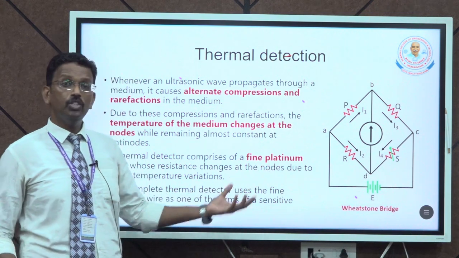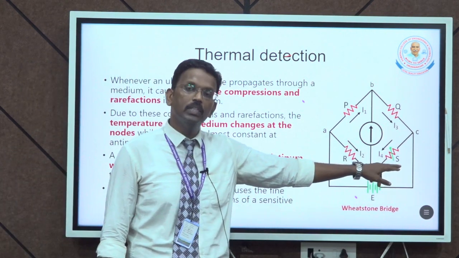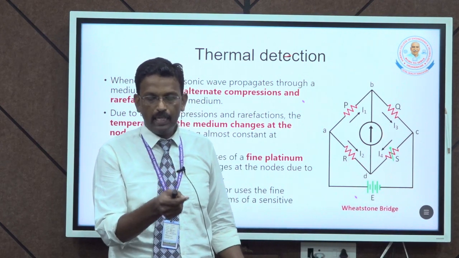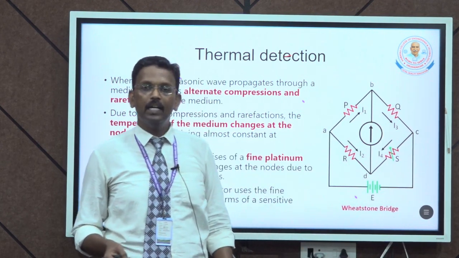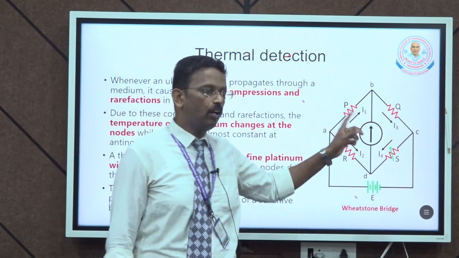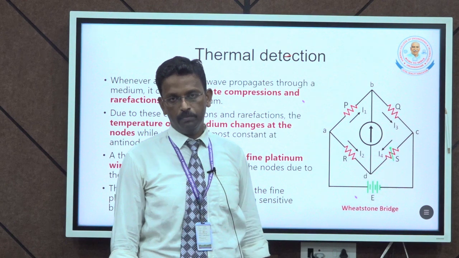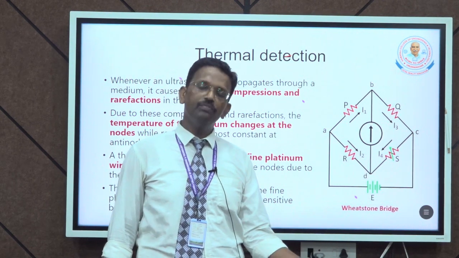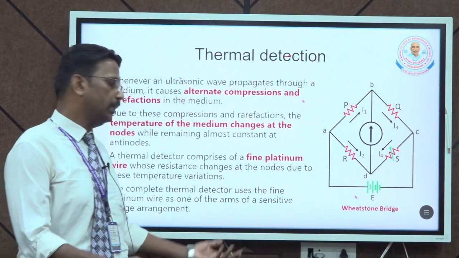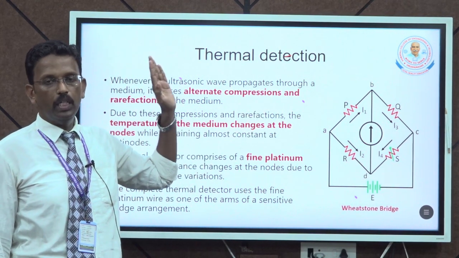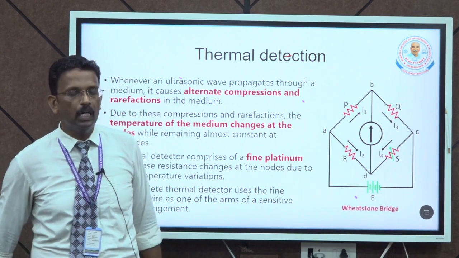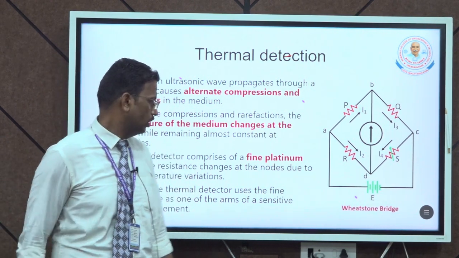The change in temperature directly affects the resistance of the platinum wire connected at position S, so the bridge balancing condition is violated and the galvanometer shows a deflection. When we switch off the external ultrasonic wave, the galvanometer automatically comes back to the null position. That is another simple method to determine the presence of ultrasonic waves.